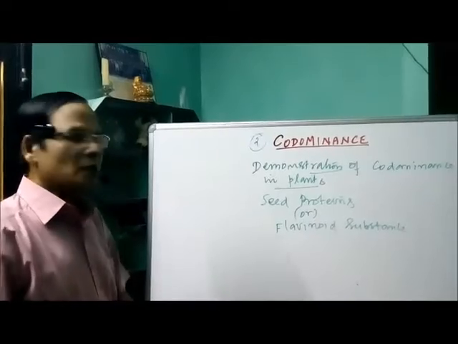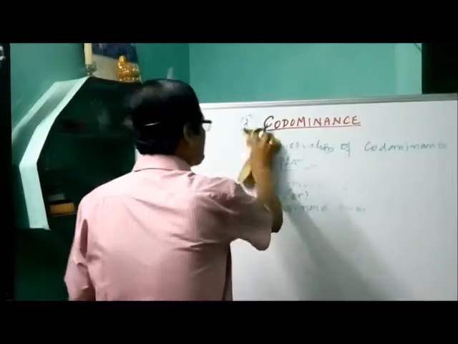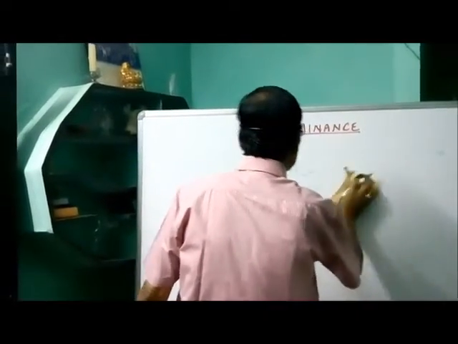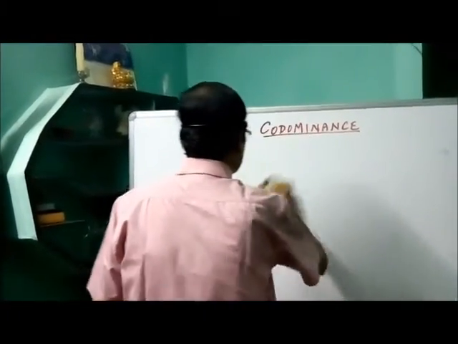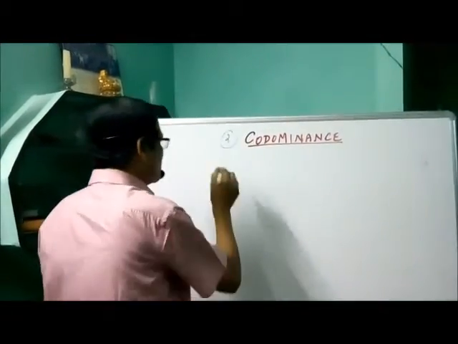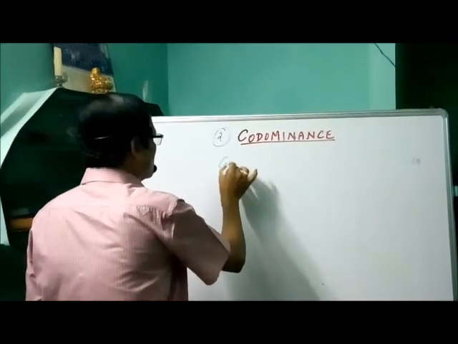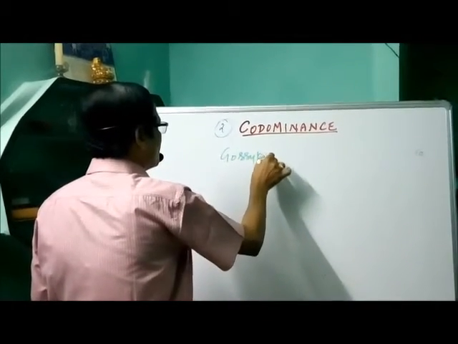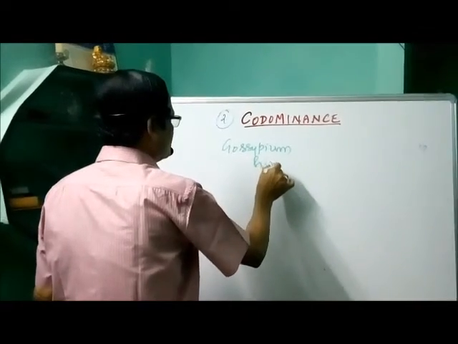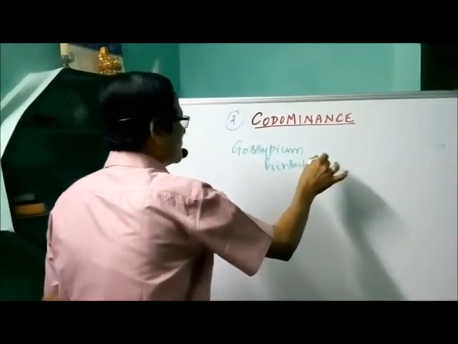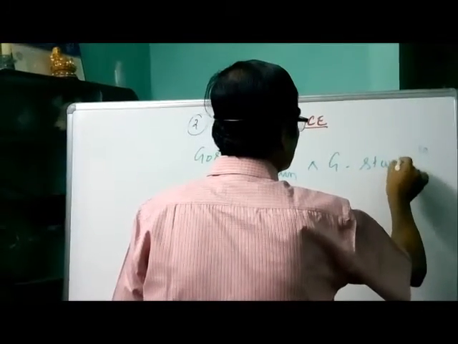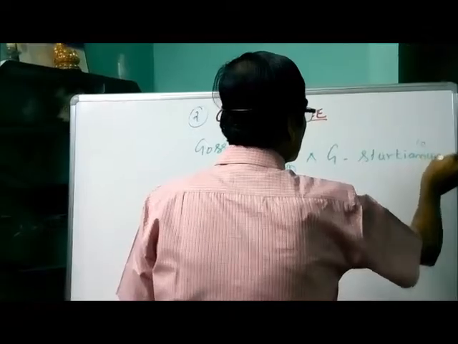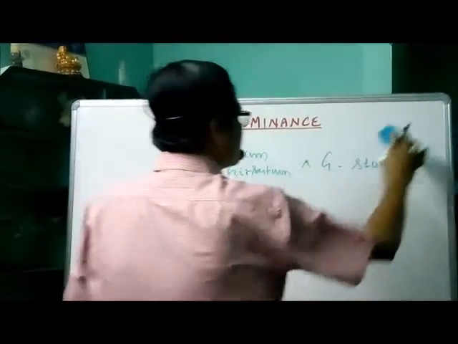For example, a cross was effected between two cotton plants, one Gossypium hirsutum and another Gossypium sturtianum.